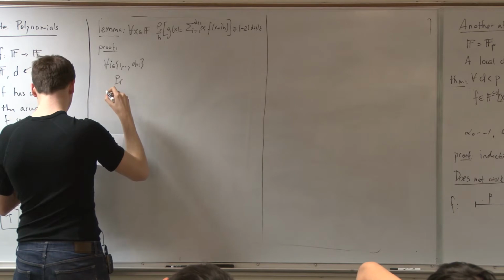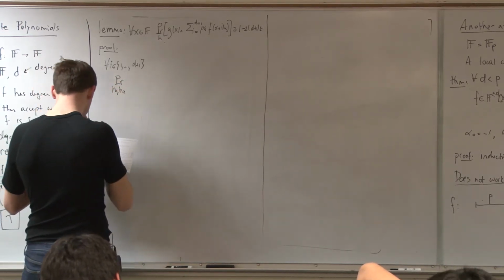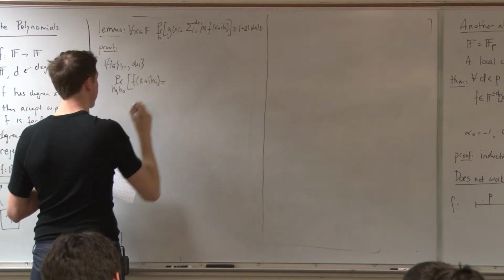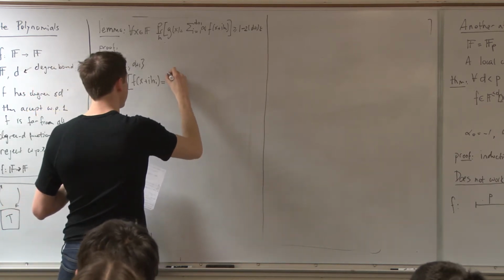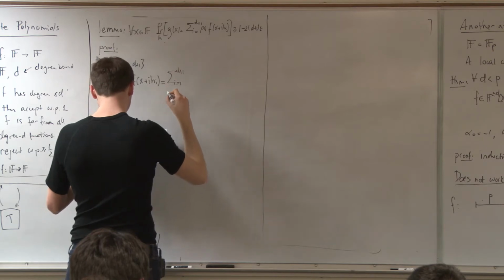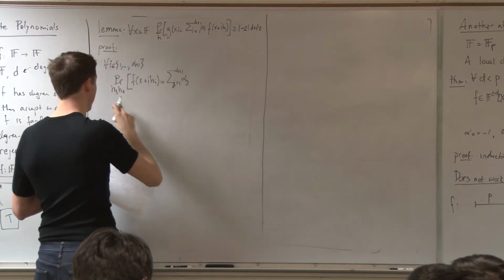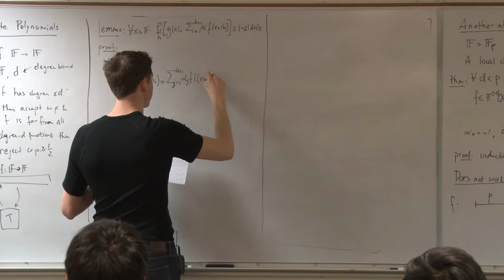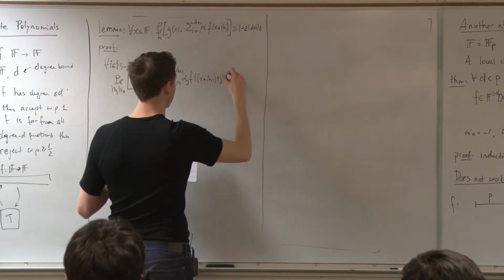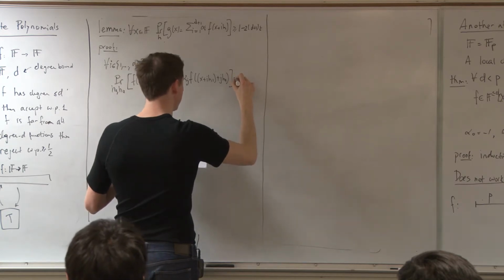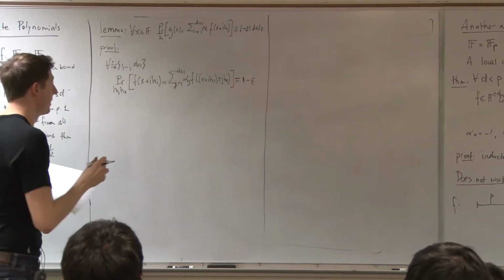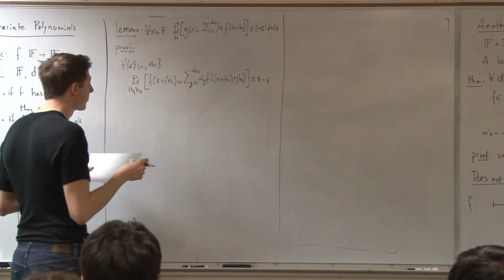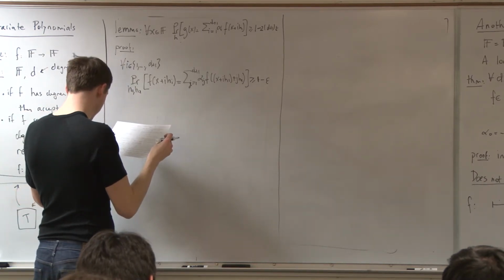The probability over h1 and h2 that f of x plus ih1 equals the sum over j equals 1 to d plus 1 of alpha j f of x plus ih1 plus jh2 is at least 1 minus epsilon. Why is that? I'm just renaming things.